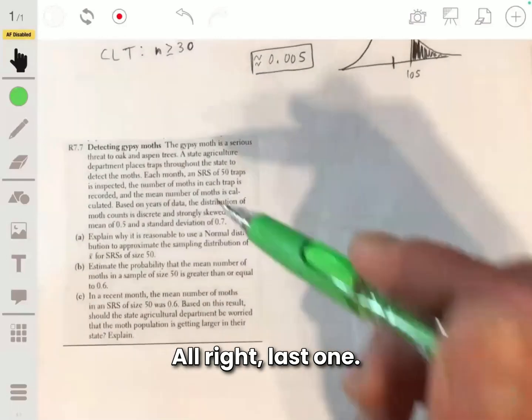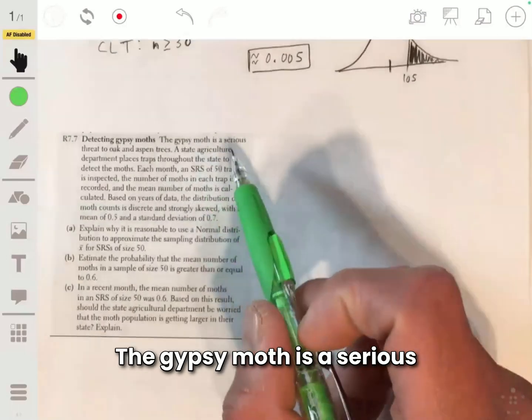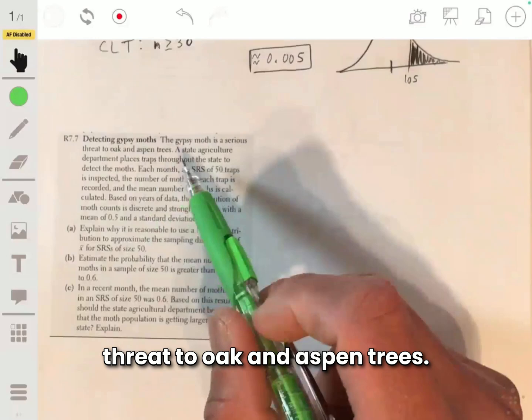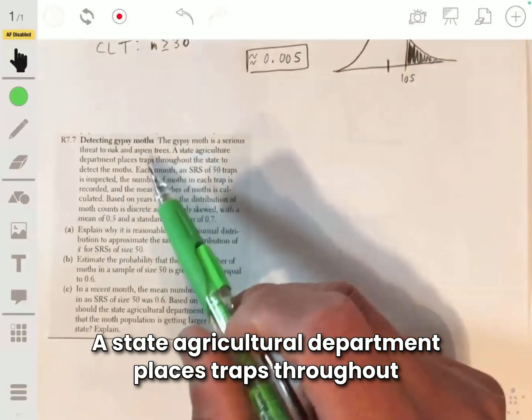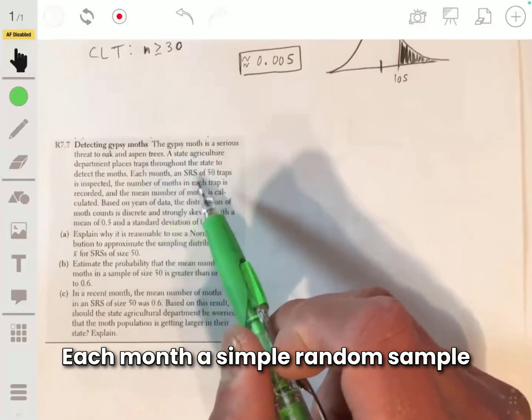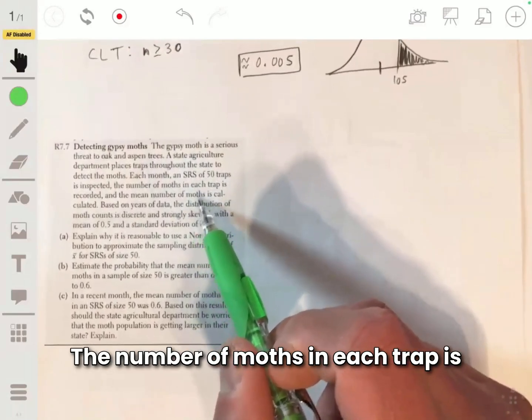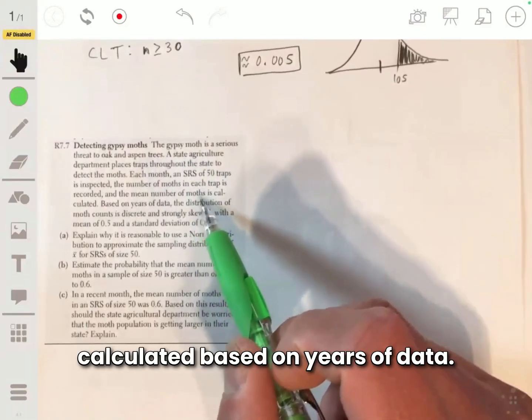All right, last one, detecting gypsy moths, whatever that means. The gypsy moth is a serious threat to oak and aspen trees. A state agricultural department places traps throughout the state to detect the moths. Each month, a simple random sample of 50 traps is inspected. The number of moths in each trap is recorded, and the mean number of moths is calculated.